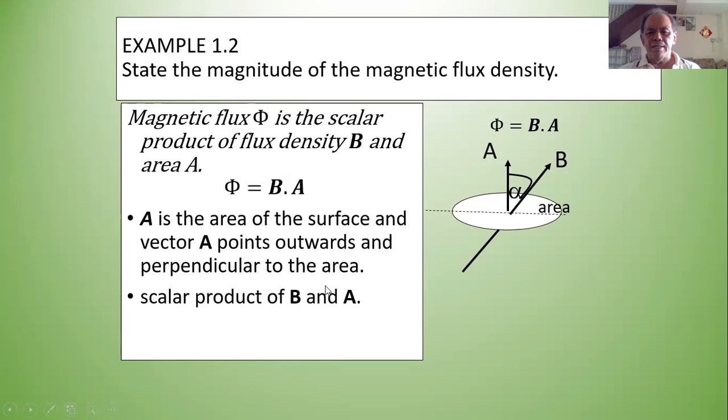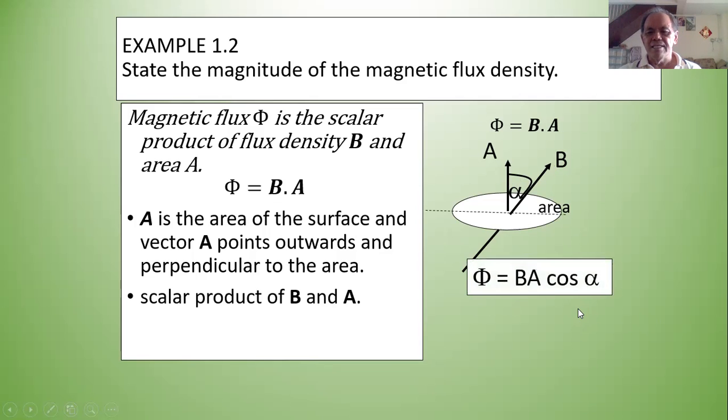This is a scalar product, so we want both of them to be in the same direction. A is pointing perpendicular to the surface, that is, B perpendicular to the normal, if you like.